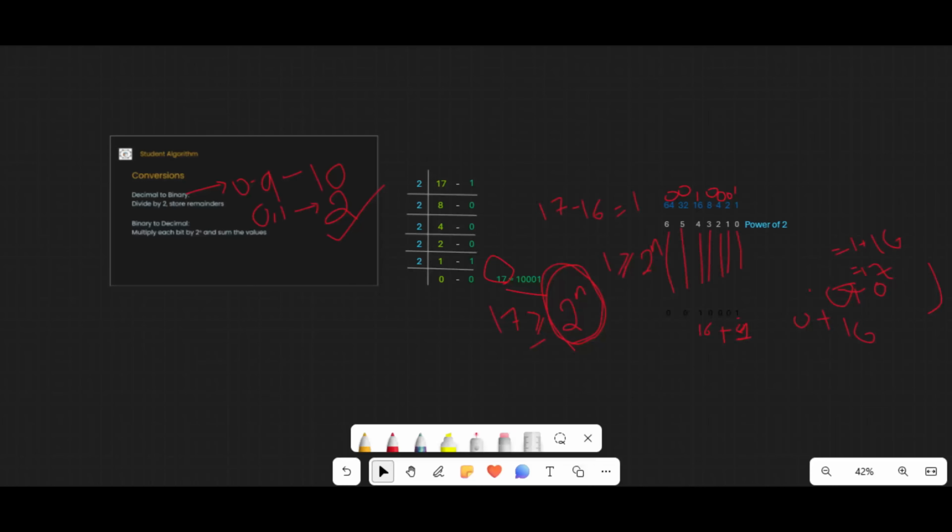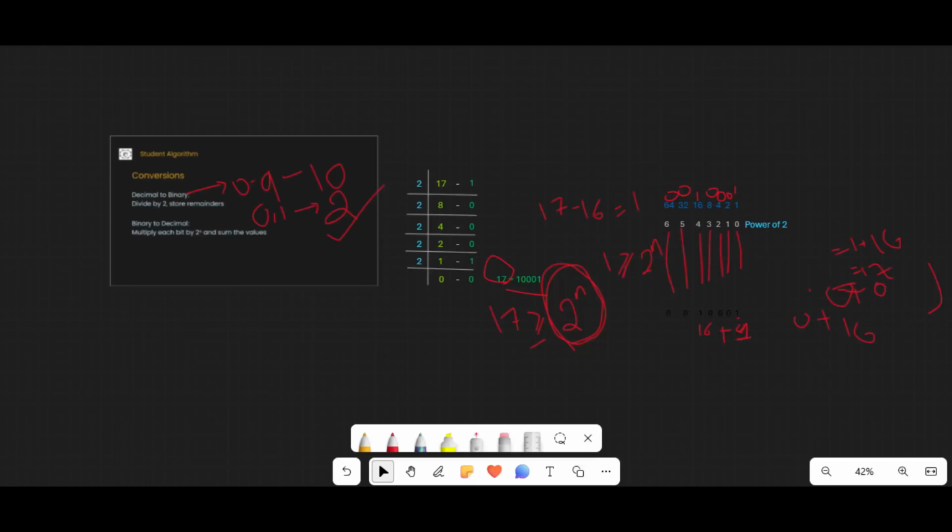We have to multiply 1 into 2 power 0, plus 0 into 2 power 1, which is 0, of course, I am directly writing 0, plus 0 into 2 power 2 will be 0, 0 into 2 power 3 will be 0, and next we have 1 into 2 power 4, which is equal to 16. So 16 plus 0 plus 0 plus 0 plus 1 will be equal to 17.